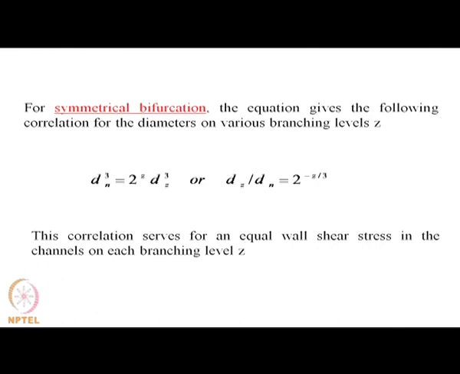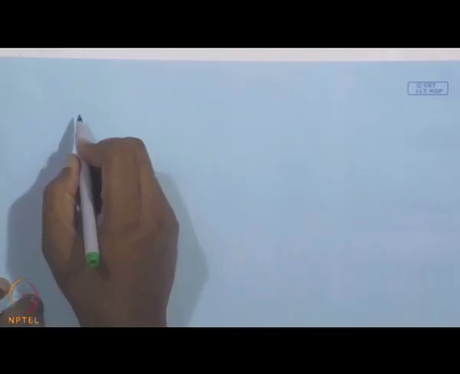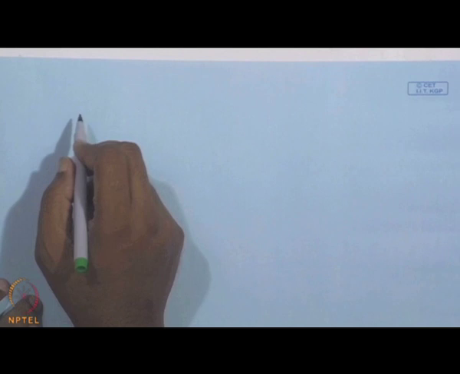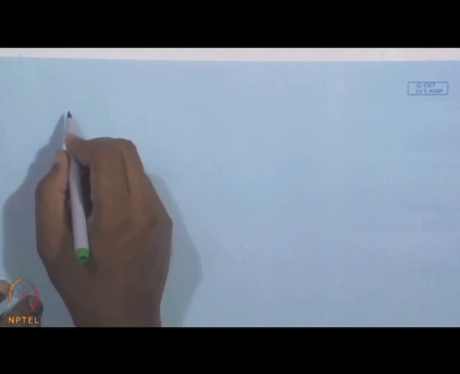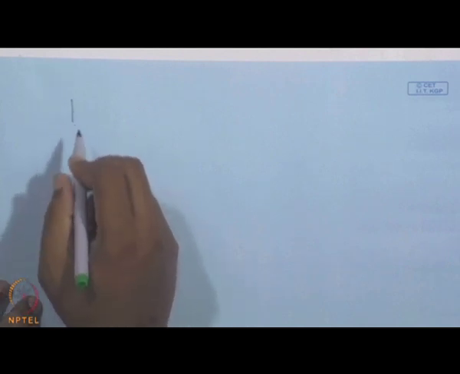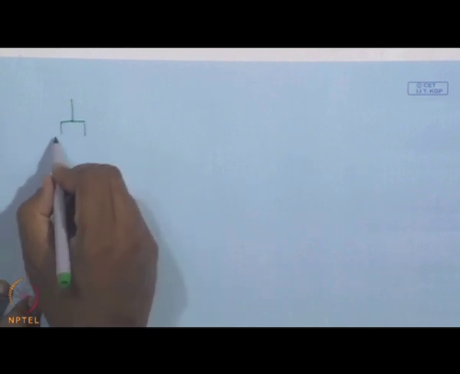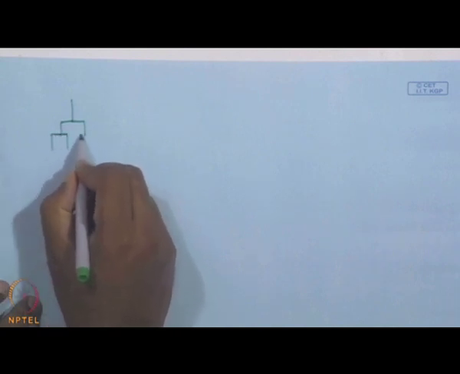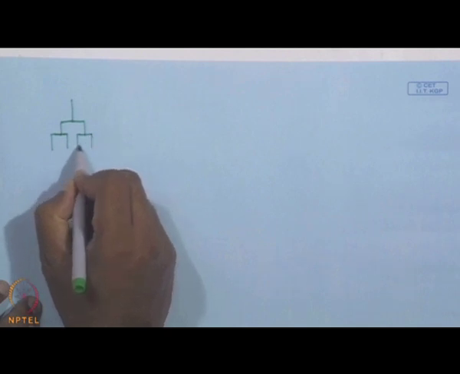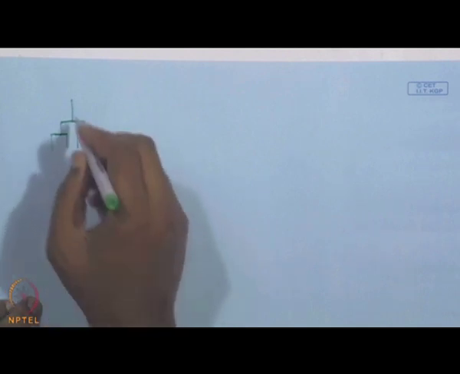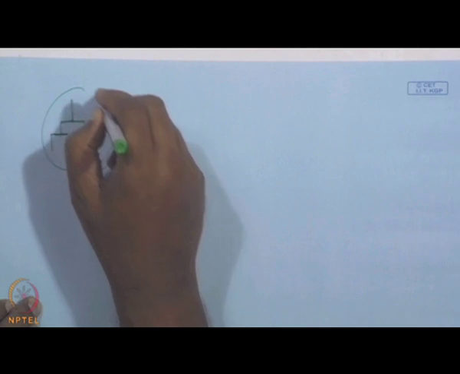Some of the examples of Murray's law are amazing, and I will try to draw this two level heat exchanger network from branch channels. You start with one channel, you create two channels, then these two channels will create another two, and this is going to create one more channel. So, this is going to be a unit.